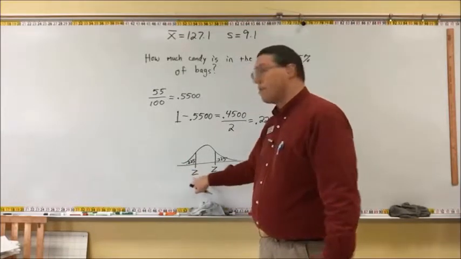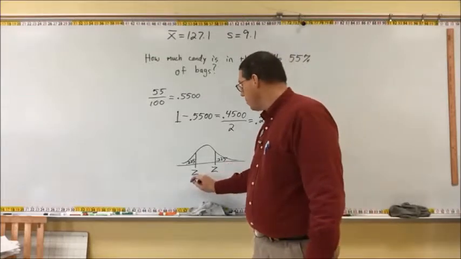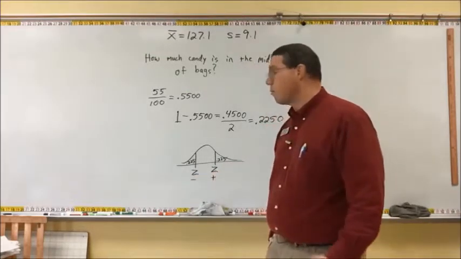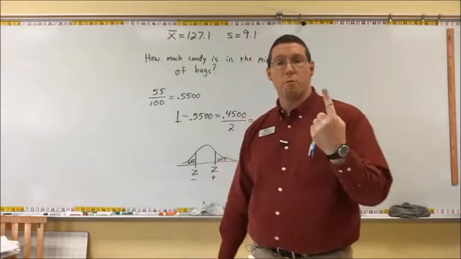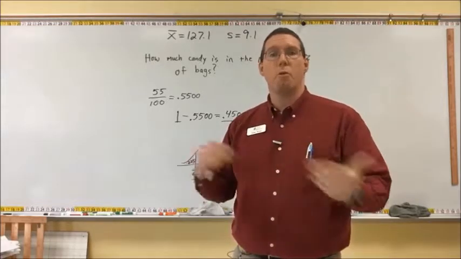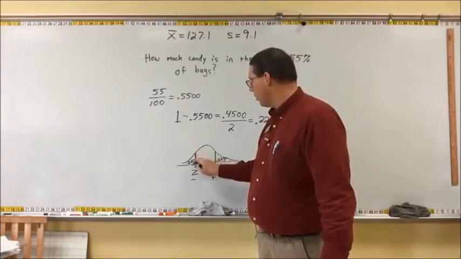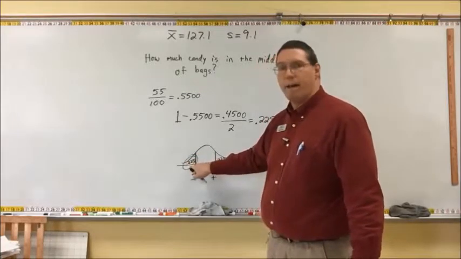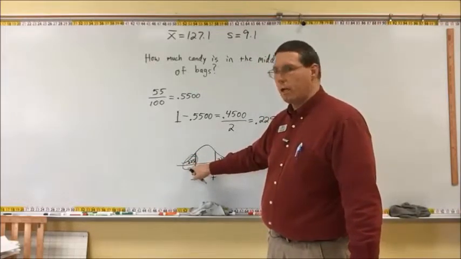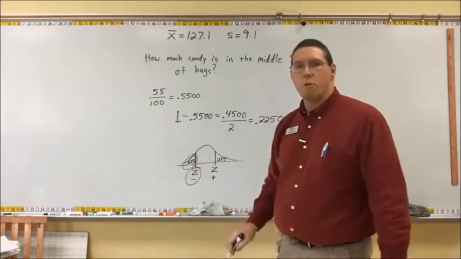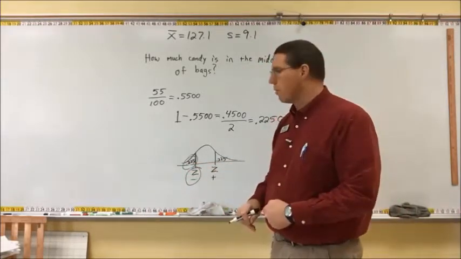These are going to be the same number, and one of them is going to be negative and one of them is going to be positive. So we really only have to look for one z-score and then just make it plus or minus. Okay? So this is the z-score we're going to look up right here. We're going to look up 0.225 as the lower proportion. That'll give us a negative z-score, and then we'll make it positive or negative.